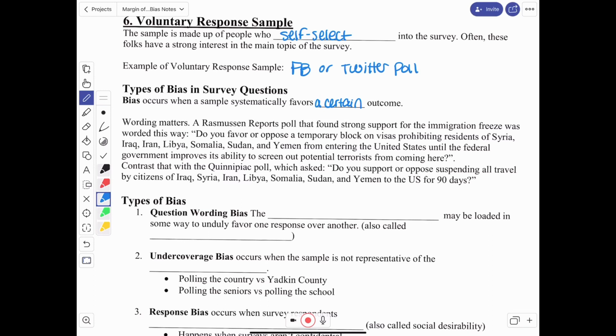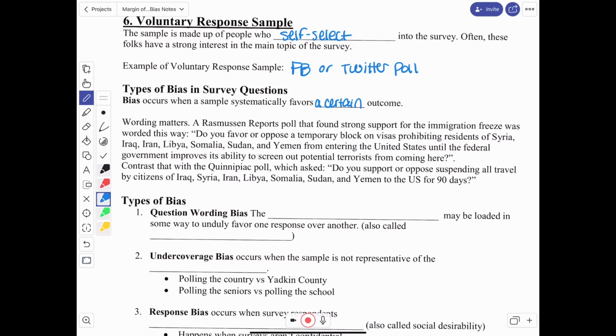Do you favor or oppose a temporary block on visas prohibiting residents of Syria, Iraq, Iran, Libya, Somalia, Sudan, and Yemen from entering the United States until the federal government improves its ability to screen out potential terrorists from coming here? Contrast that with another poll which asked, do you support or oppose suspending all travel by citizens of Iraq, Syria, Iran, Libya, Somalia, Sudan, and Yemen to the U.S. for 90 days?